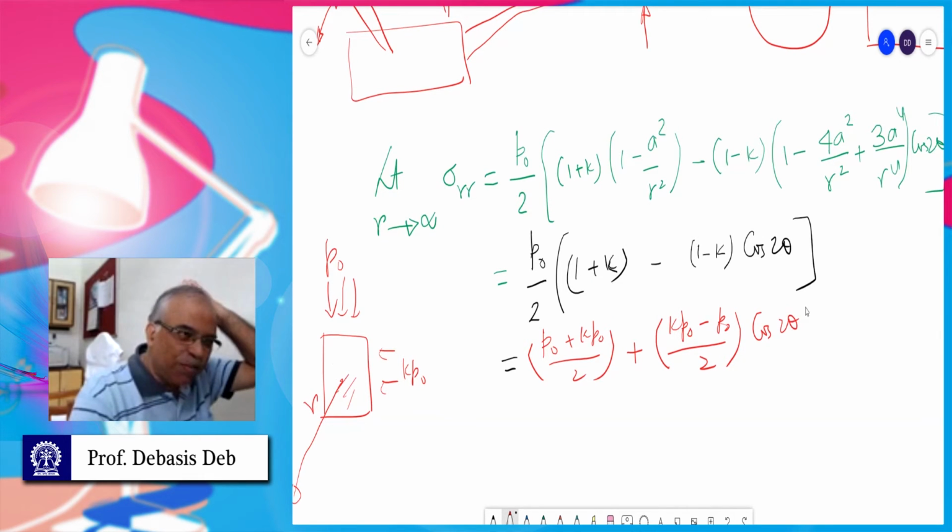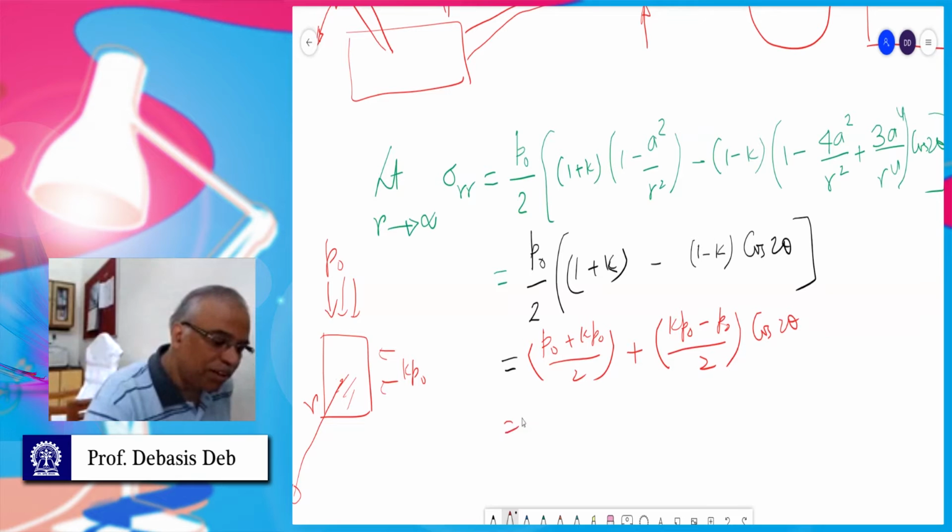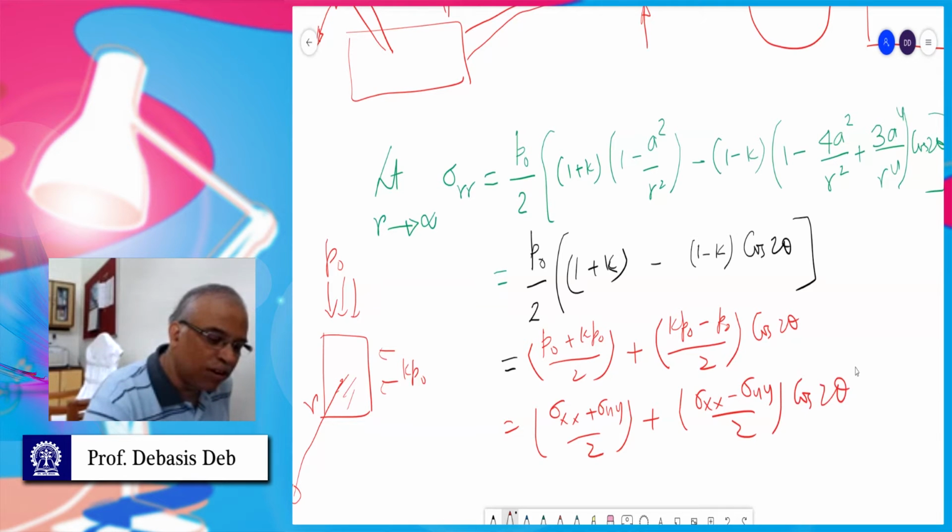Now if I change P naught as sigma yy and K P naught as sigma xx, this becomes sigma xx plus sigma yy by 2 plus sigma xx minus sigma yy by 2 cos 2 theta. Now you see what it is? Have you seen this formula before?